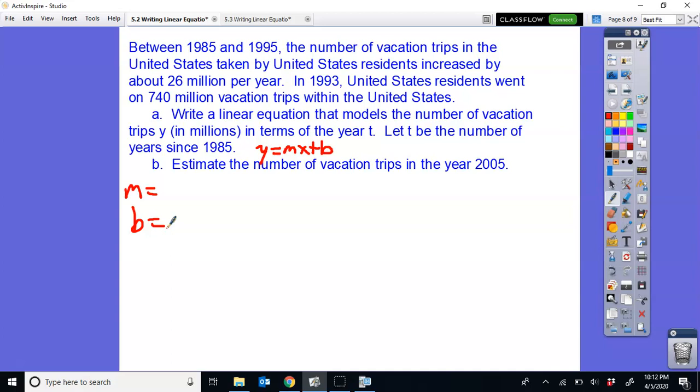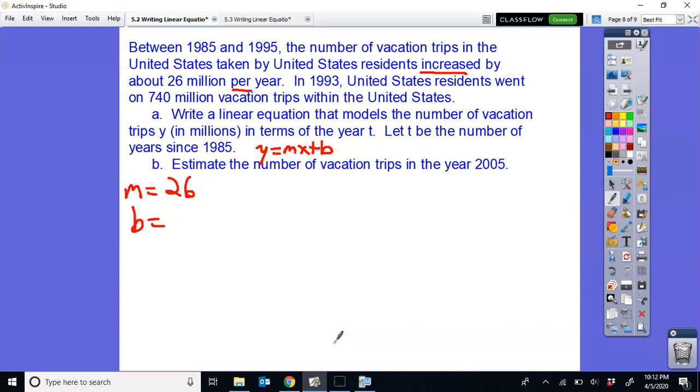This is my clue here. Increased by 26 million per year. That is my m. That is how the number of trips is moving across the graph. 26 million trips per year. So every year, it's going up by 26 million.